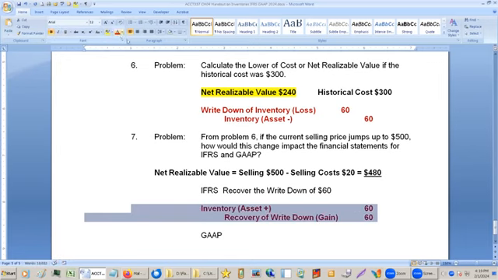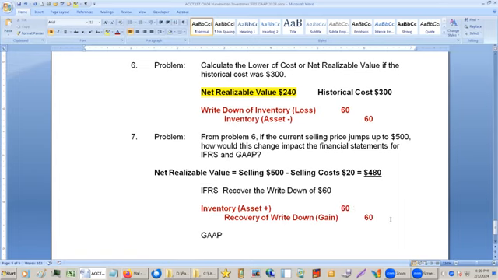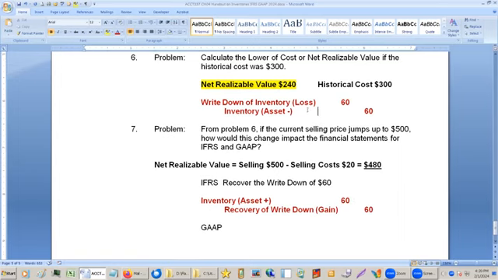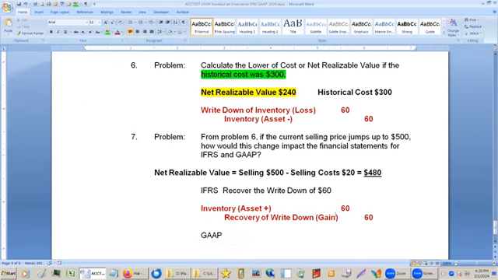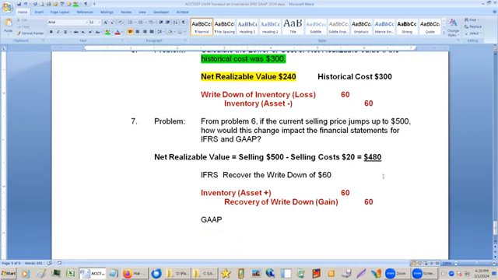Let me see if I can clean that up. So we put it back on the books, restored back up to the 300, that historical cost. We wouldn't write it all the way up to 480, but we would recover whatever we wrote off, up to the amount recovered.